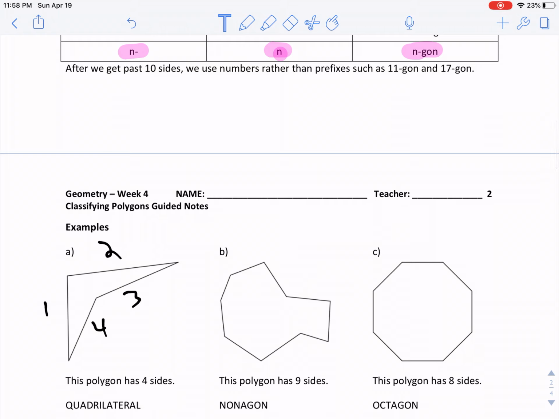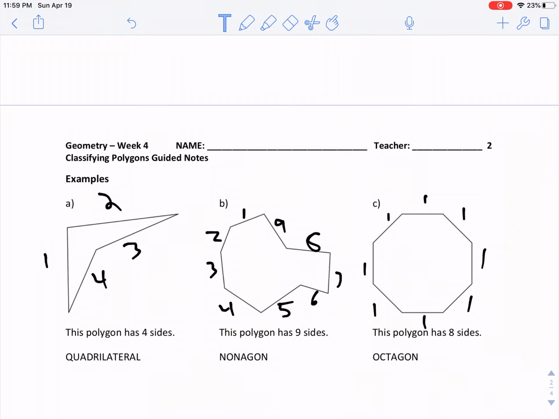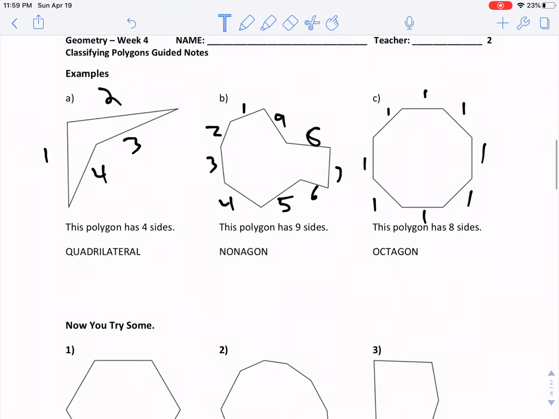The next one looks real weird, but 1, 2, 3, 4, 5, 6, 7, 8, 9. 9 sides. That means it's a nonagon. The next one, 1, 2, 3, 4, 5, 6, 7, 8. Octagon. You don't have to number it there. That's just how I'm keeping track of which sides I've counted already.